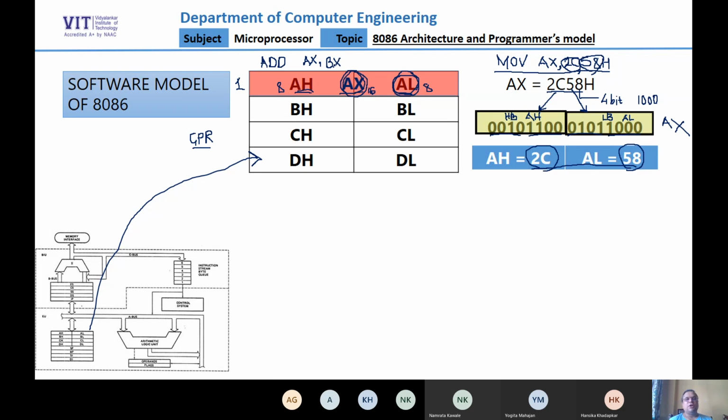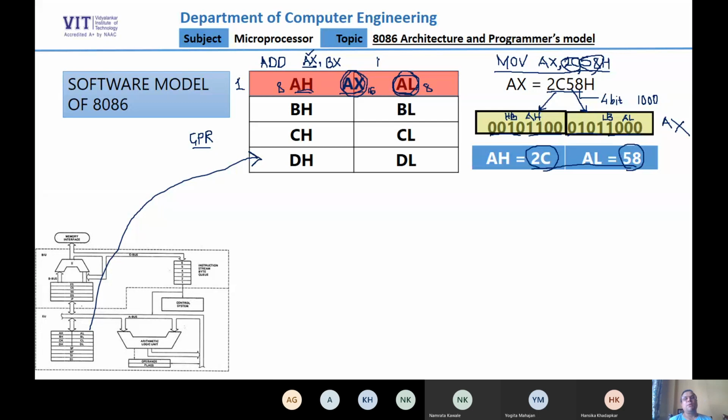It will add the contents of BX into AX, and the result will be kept inside AX. So what are the two operands we used for the addition? AX and BX. And do we need to specify AX exclusively as a part of the instruction? Yes. It is not a default operand. It has to be specified explicitly inside the instruction.